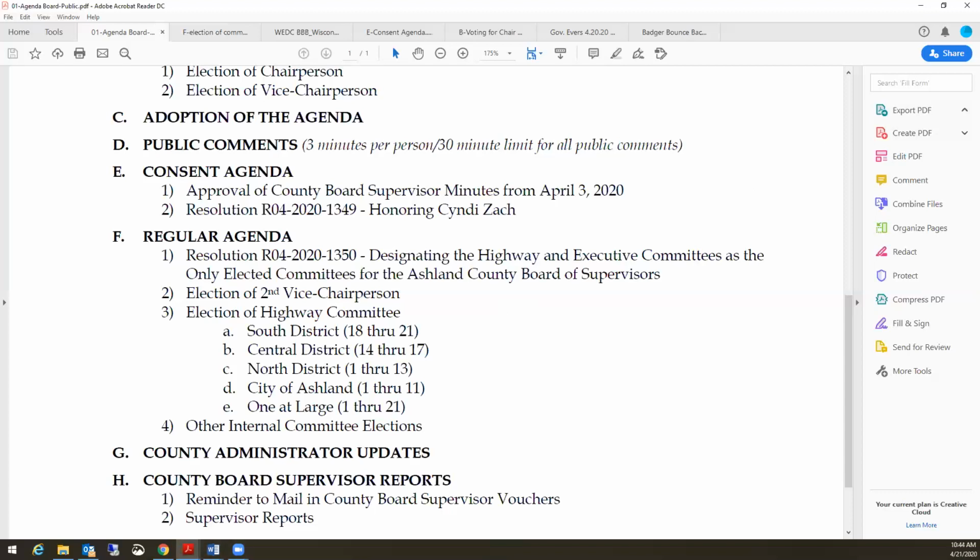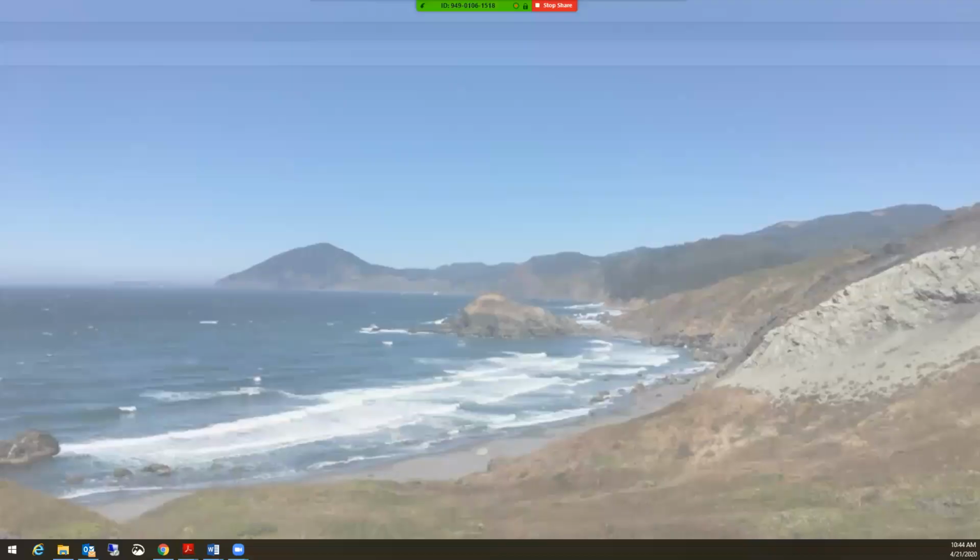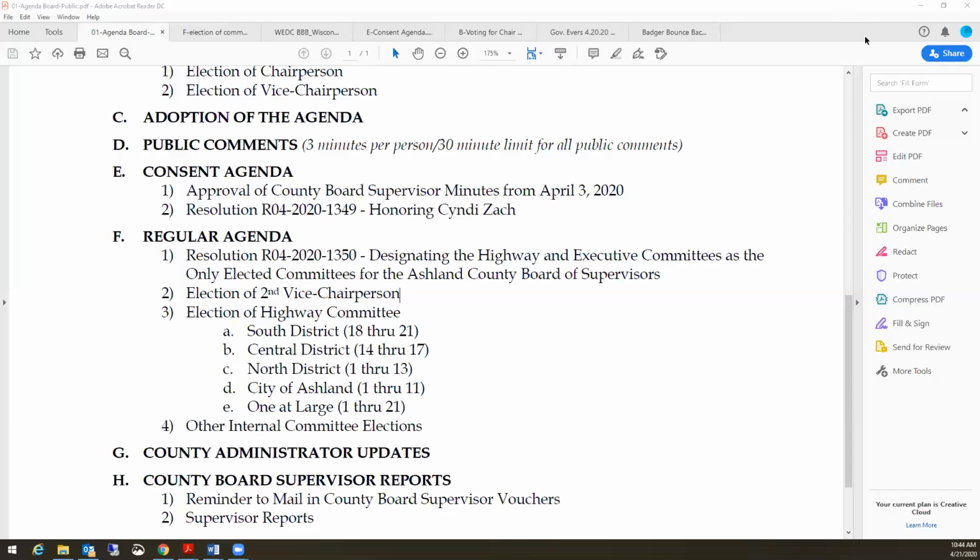In case something happens to the chair and the vice chair simultaneously, we have somebody who can still act as chair until a new chair and vice chair can be elected. So. Hello, this is John Weiner, and I would like to get Kathy Schutte into the chair.